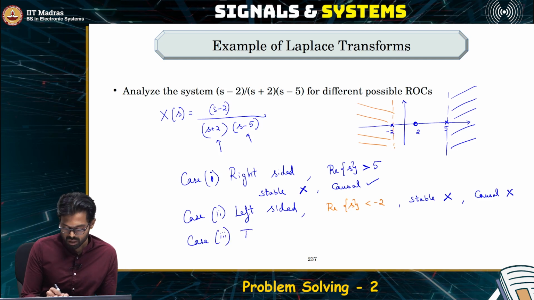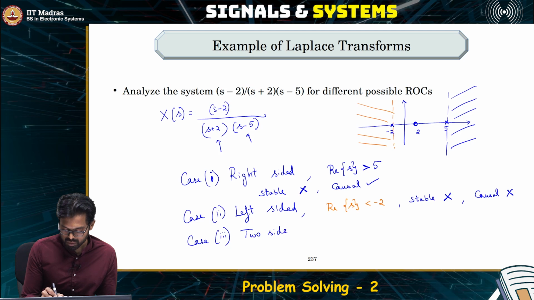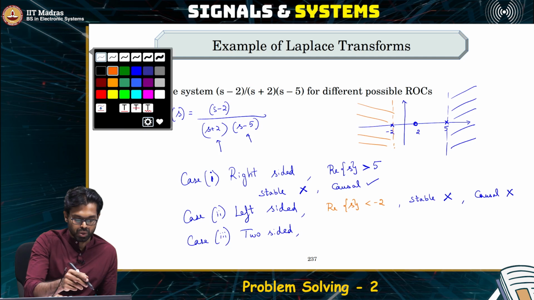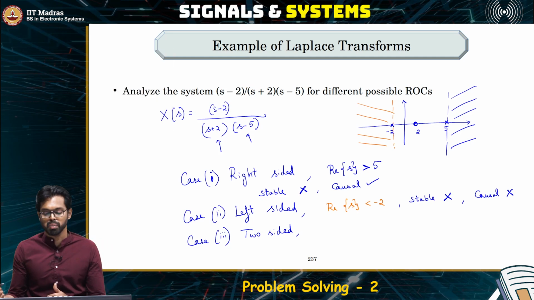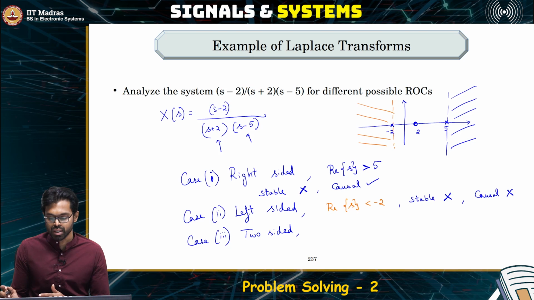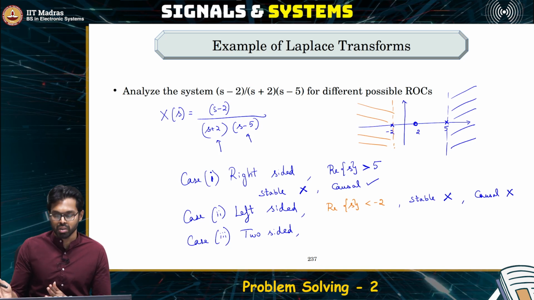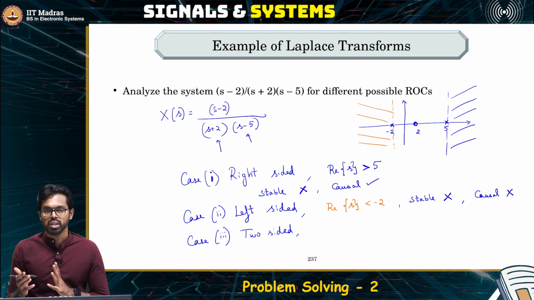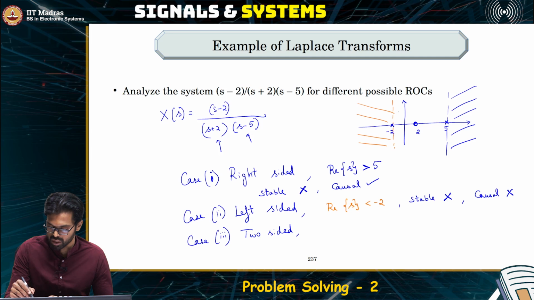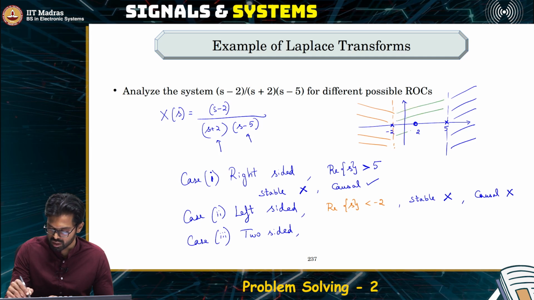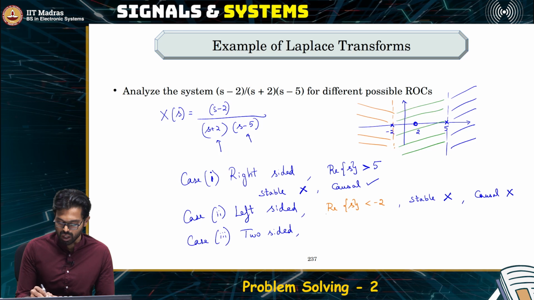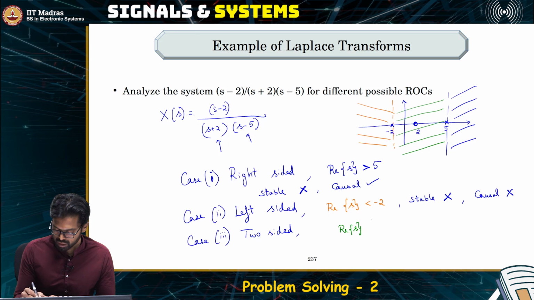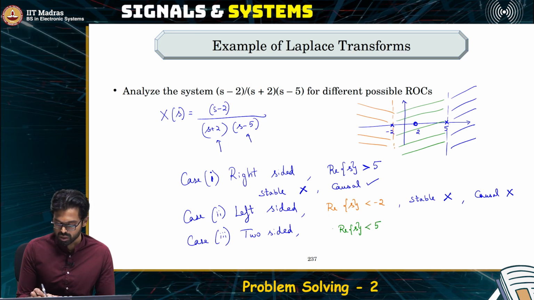The third case is two-sided. What is the possible ROC for which the system can be two-sided? Remember, the ROC can be left-sided, right-sided, or a strip. The only thing remaining is a strip between the poles. The poles should border the strip that is of interest, so the strip we have here is this region. The ROC is now between the poles.